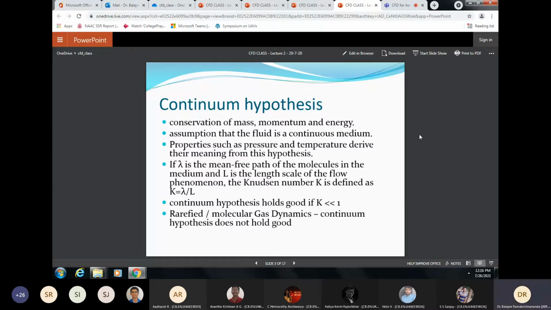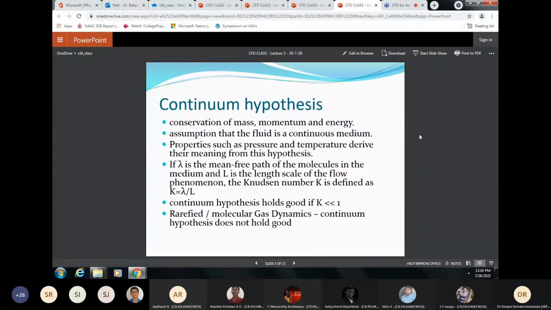So all these things we will assume this continuum hypothesis. We are not addressing in this course when this continuum hypothesis breaks down. It can and it will when you go to higher altitudes, the rarefied atmosphere. Somehow the fluid cannot be treated as a continuum. We'll see the cases now.